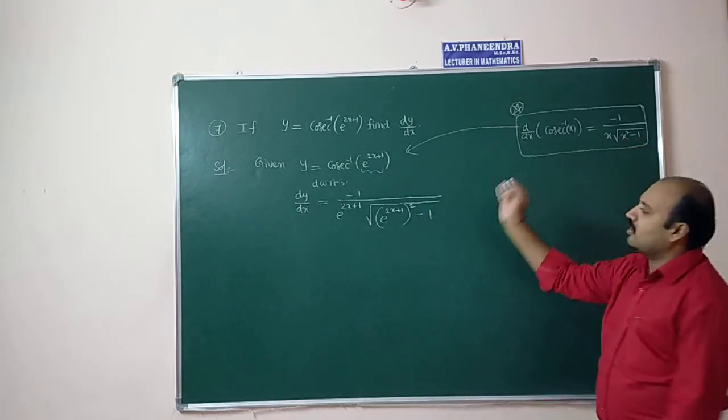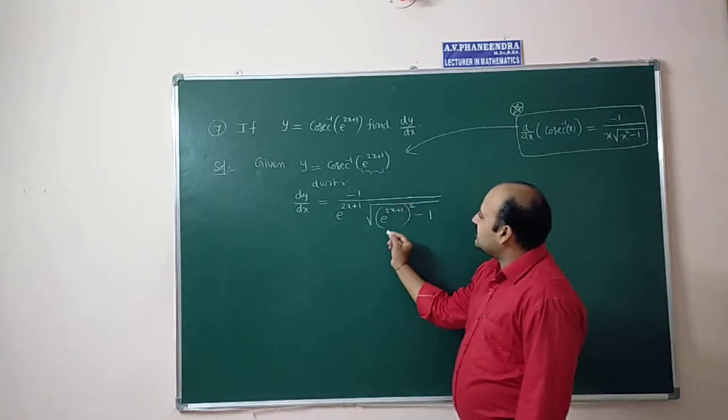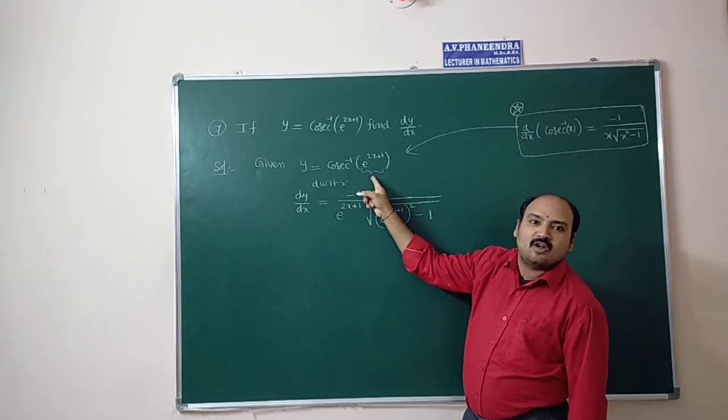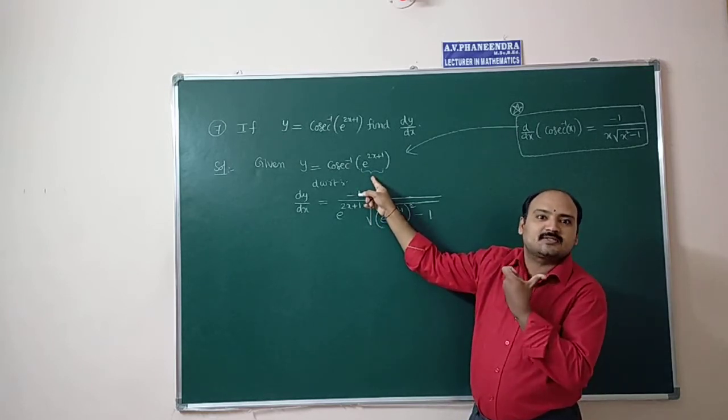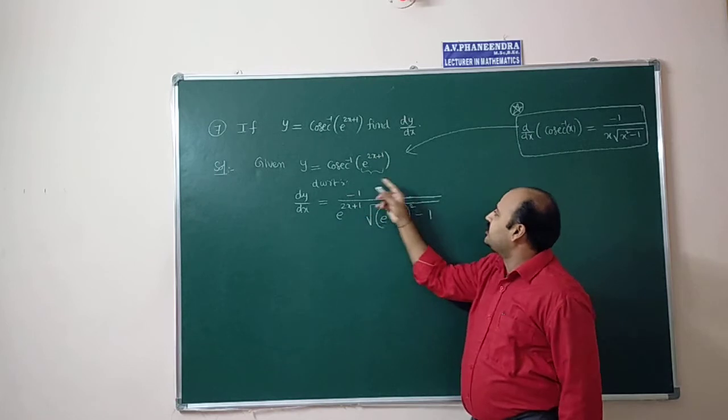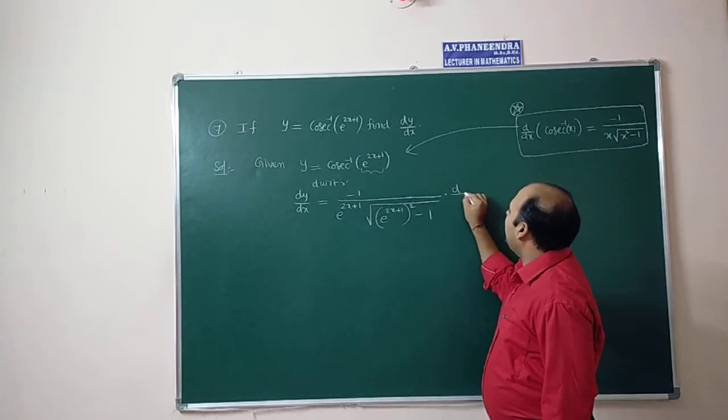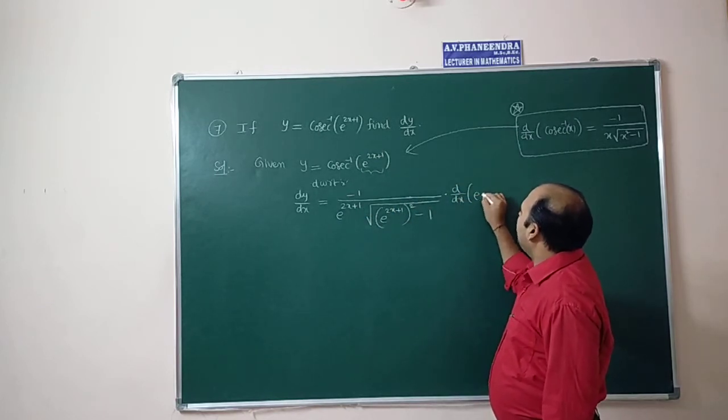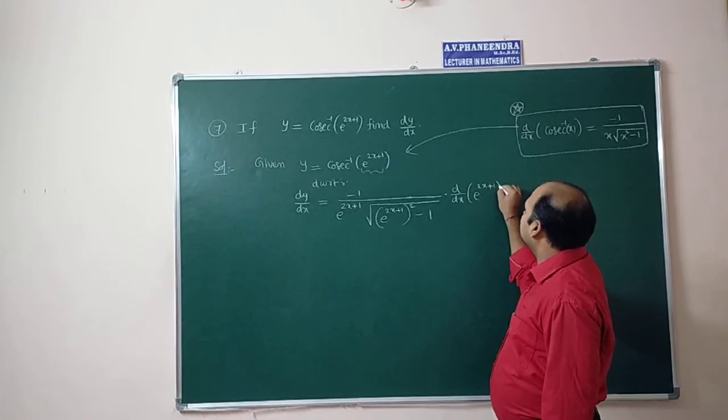Just we applied the formula. After applying this formula, whatever the function is involved in this cosecant inverse x, that function again you have to differentiate, into d by dx of e power 2x plus 1.